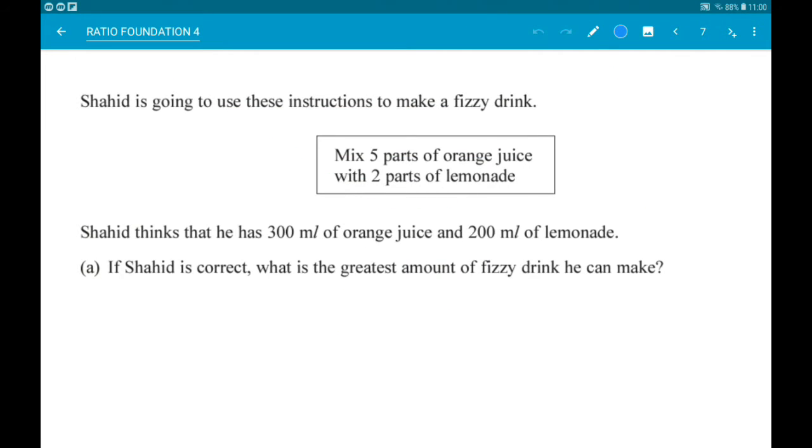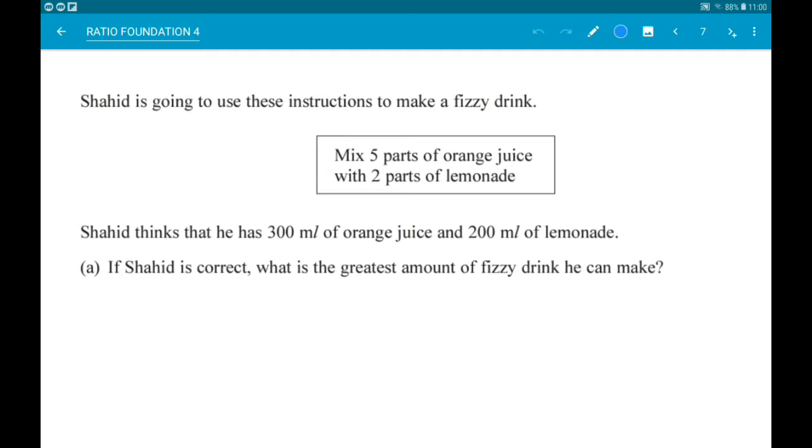Okay, next up, we have a classic recipe question. So Shahid is going to use these instructions to make fizzy drink. Mix 5 parts of orange juice to 2 parts of lemonade.